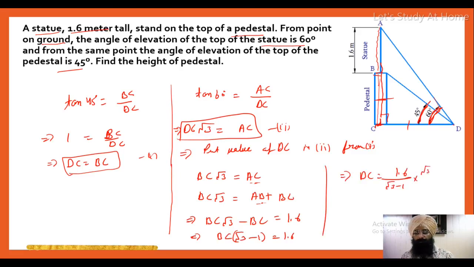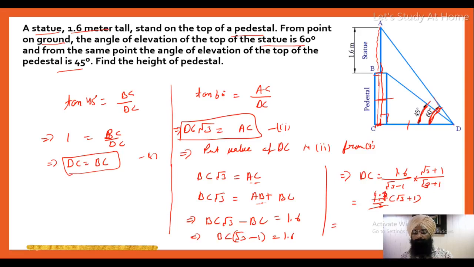Now you rationalize this. This is your favorite topic, rationalize. In the denominator we have 2 and in the numerator this thing we have. After cutting we will get 0.8.